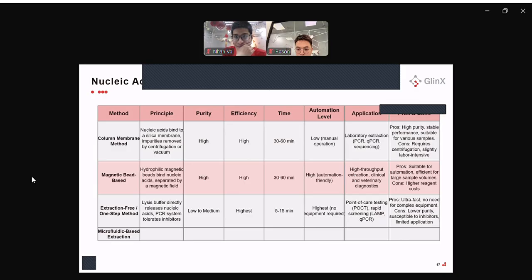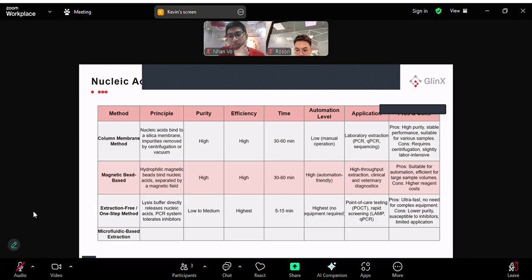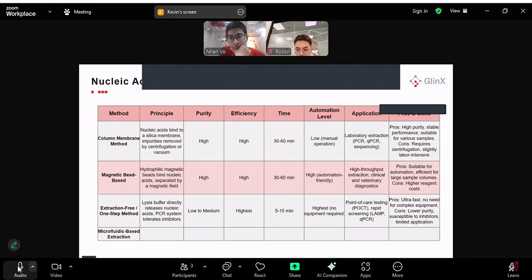I remember that last time we showed you the inside of the Incycle machine, you saw a lot of mechanical arms working, right? And the mechanical arms make it ideal for high-throughput clinical and veterinary diagnostics.